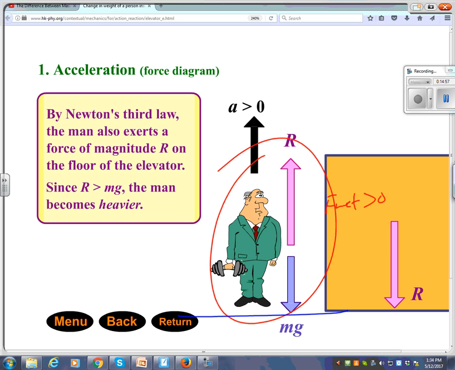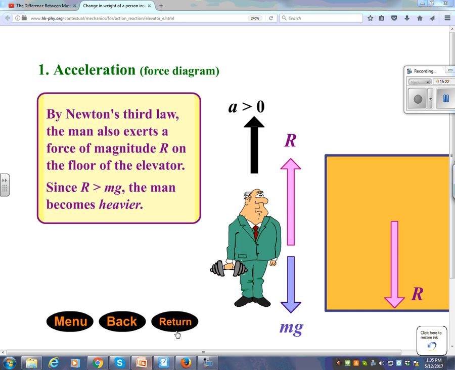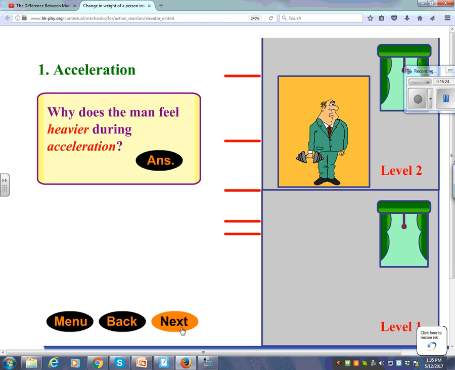It's R on the floor. It's not on the man. Equal and opposite force, but not on the same object. This can be a bit confusing. Okay, so that's during acceleration.